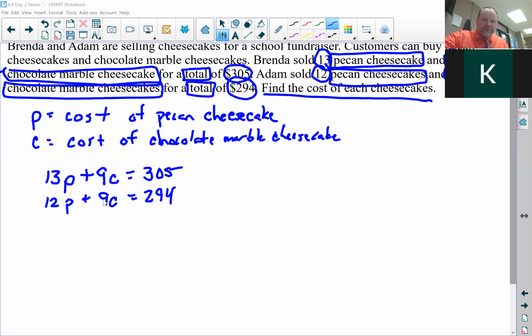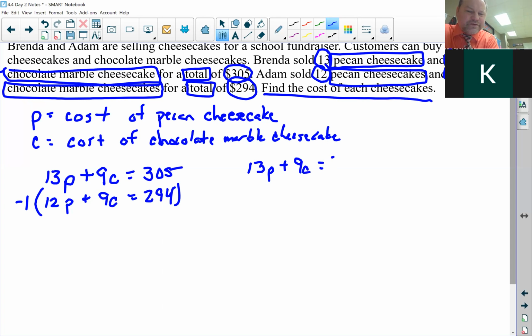So I am going to try to eliminate the C's. To do that, I'm going to take this second equation and multiply by -1. The first equation is going to stay the same. The second equation, multiply everything by -1. And then I can add.